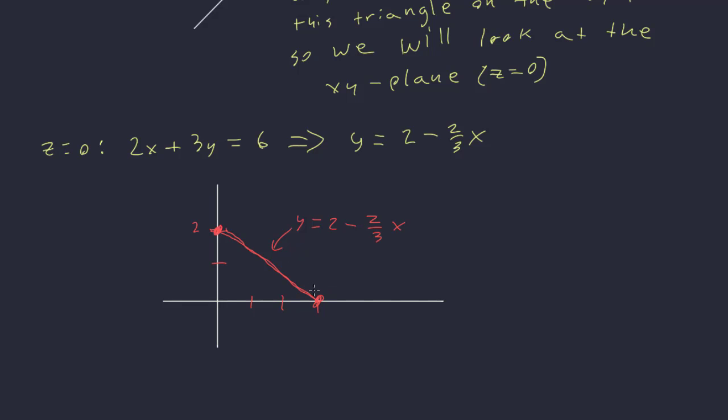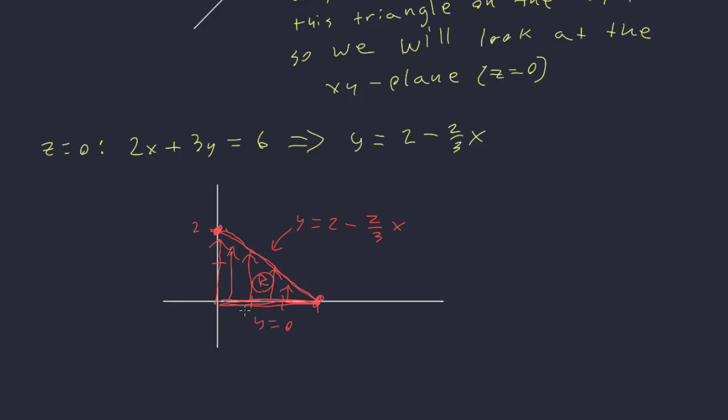Okay, well, in order to get the whole triangle, we're going to have to go from the base here, which is y equals 0, up to y equals 2 minus 2/3 x. That's going to give us the whole triangle, and this is what I meant by saying that we set up those outer integrals just like we do for double integrals.